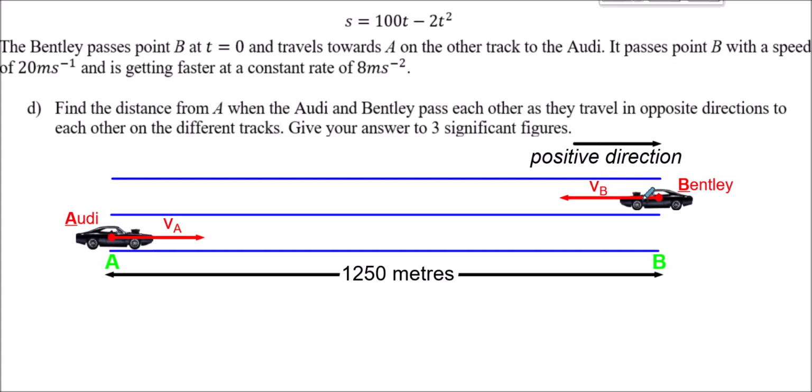And so we can say now that the initial speed U for the Bentley is actually minus 20. It's got a speed of 20 meters per second, so its velocity will be minus 20 because it's 20 meters per second in the opposite direction to the positive direction.